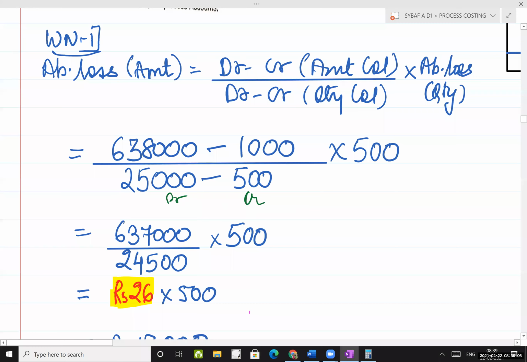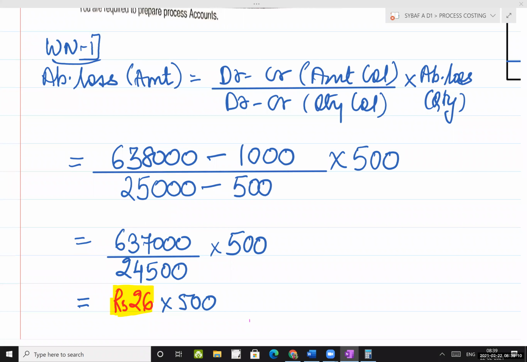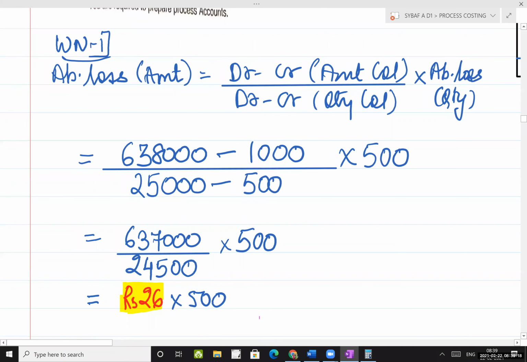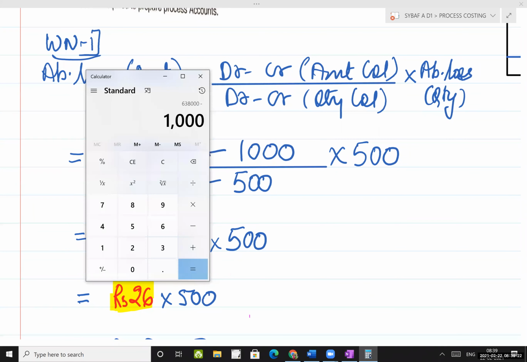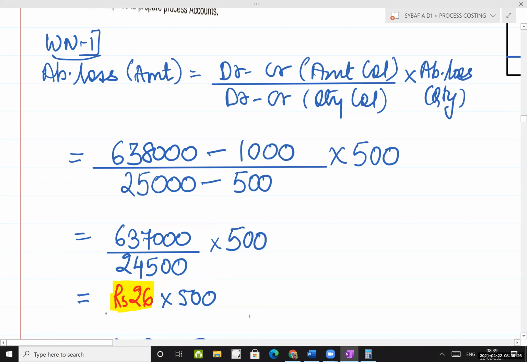So 6,38,000 divide minus 1,000 is how much? 6,37,000. 25,000 minus 500 is how much? 24,500. So divide करो. See 26 आया. तो ये जो 26 है ना, this is actually the cost per unit. This is the cost price of process one.